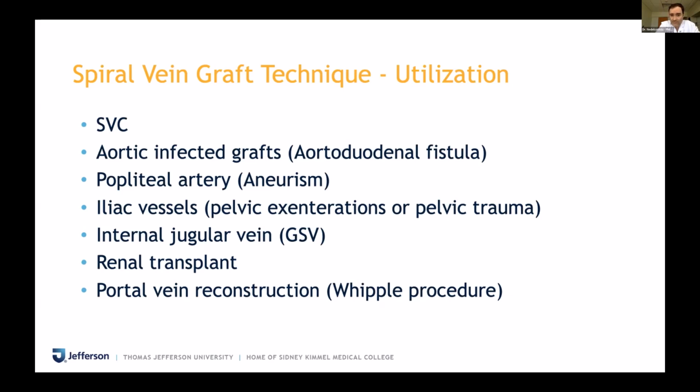Sometimes iliac vessels during pelvic exenterations or pelvic trauma can be repaired this way. There was a case report where the internal jugular vein had to be replaced. For renal transplant, if there are problems with the vessels, maybe the gonadal vein can be used as well. And the portal vein can be reconstructed this way during Whipple procedures.